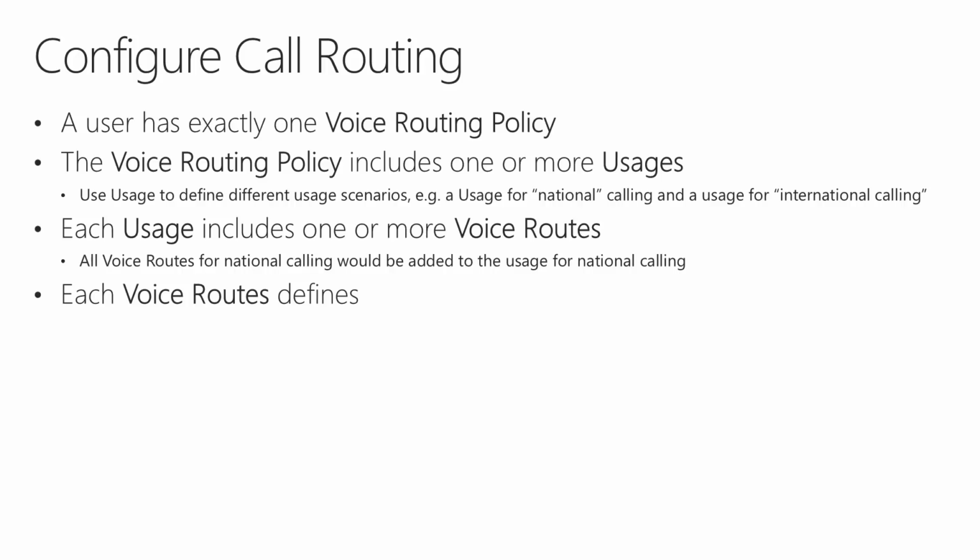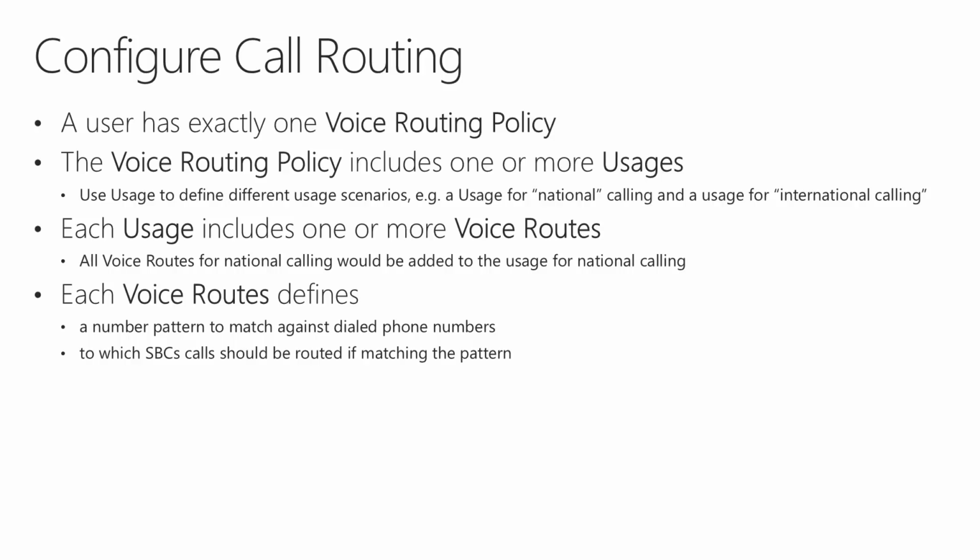Each of these voice routes define a number pattern to match against the dialed phone numbers. So if a user dials a phone number, we look into the voice route and see if this phone number matches the pattern and if this voice route can be used. It defines to which SBCs the call should be routed if it matches the pattern, and which usages can leverage the voice route.